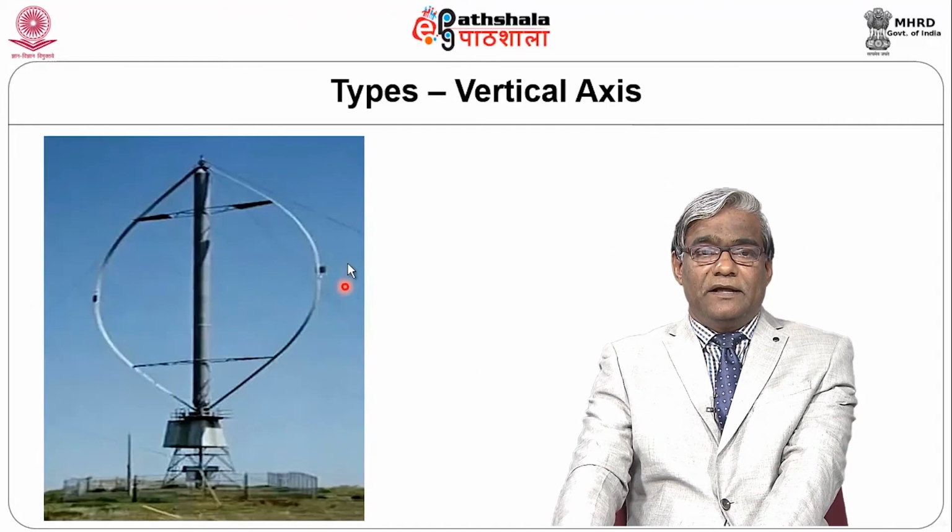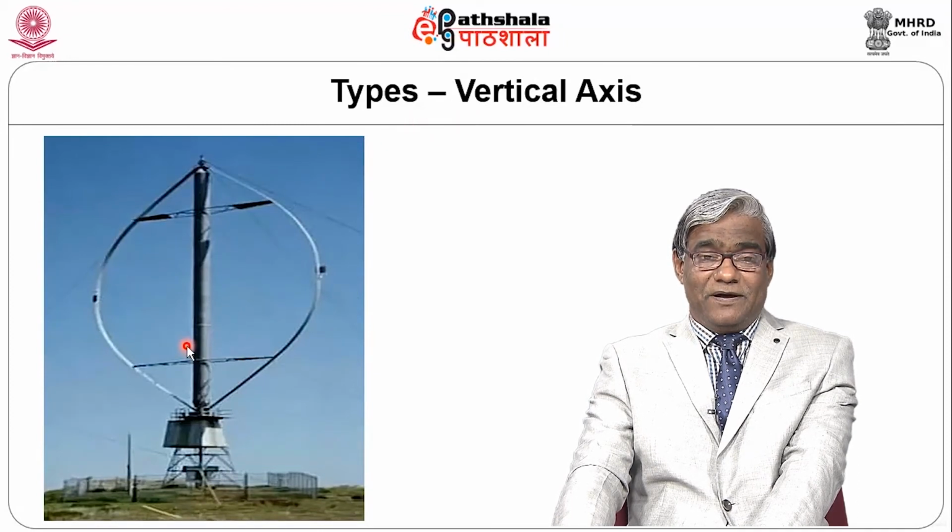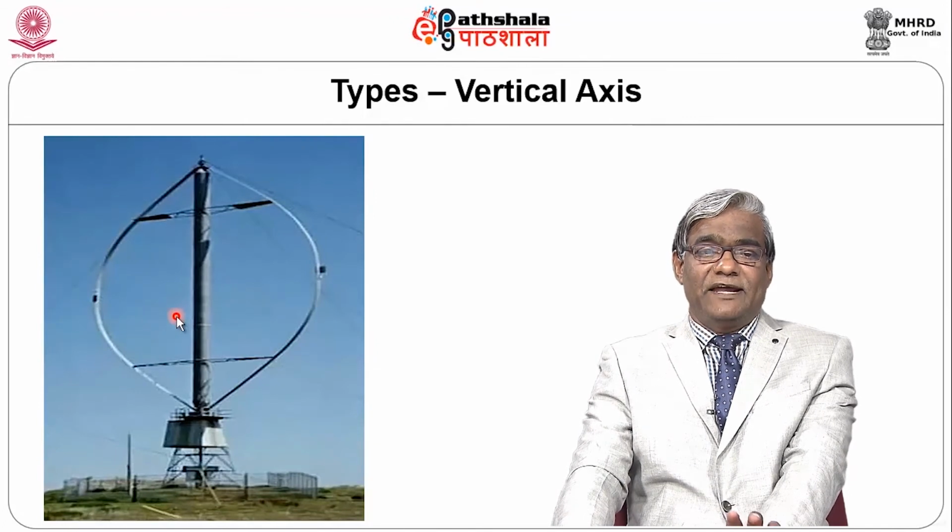And this is about the vertical axis wind turbine, and this is the shape of the blade. All the controls are closer to the ground, and when the wind flow hits the blade, it revolves. Wind direction does not matter here. From any direction wind can flow and it can revolve.